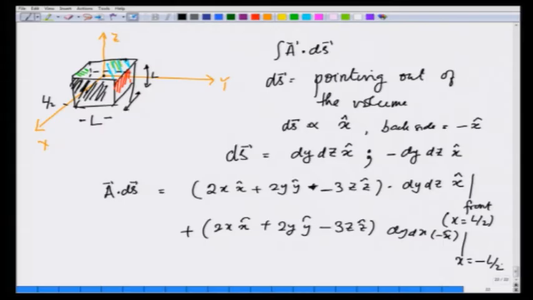That is the back surface. When you take the dot product, the y and z terms are not going to contribute. So, I am not going to worry about them.